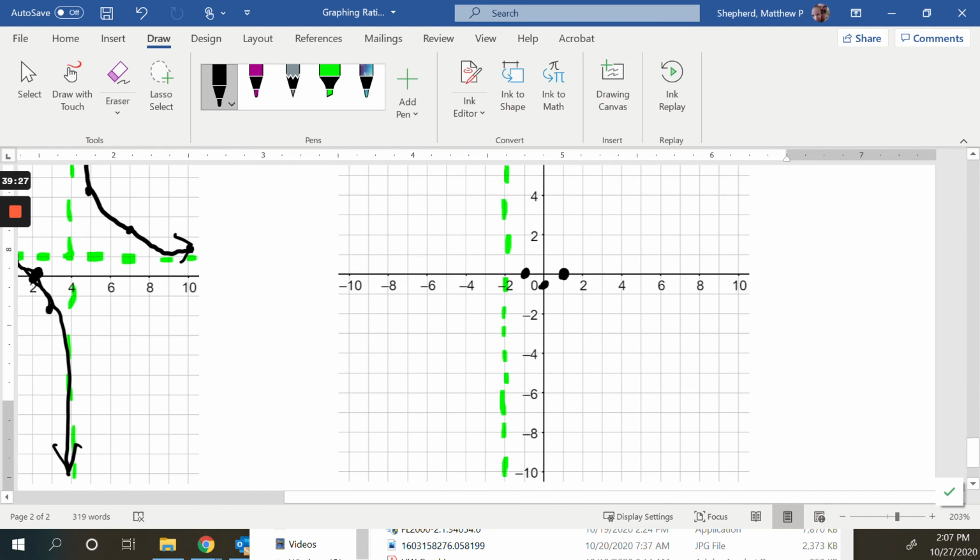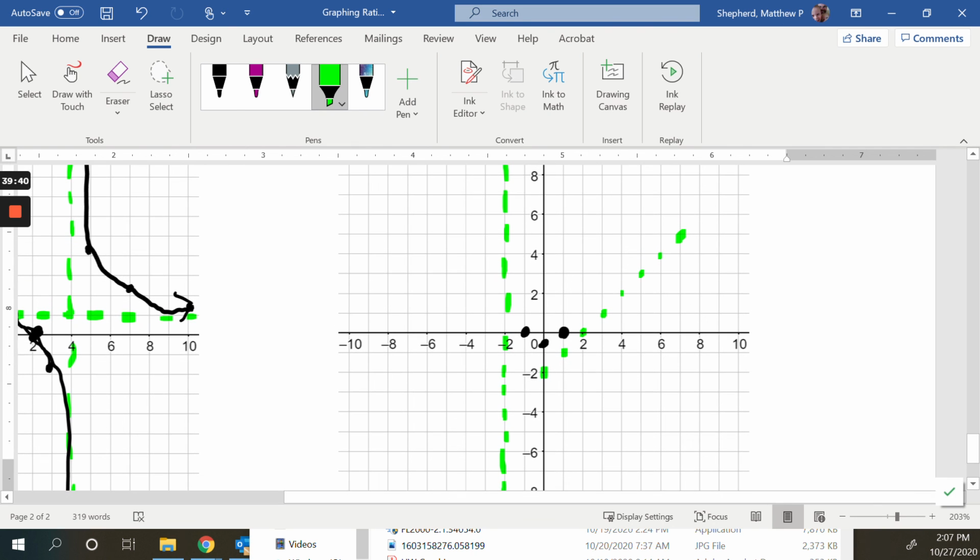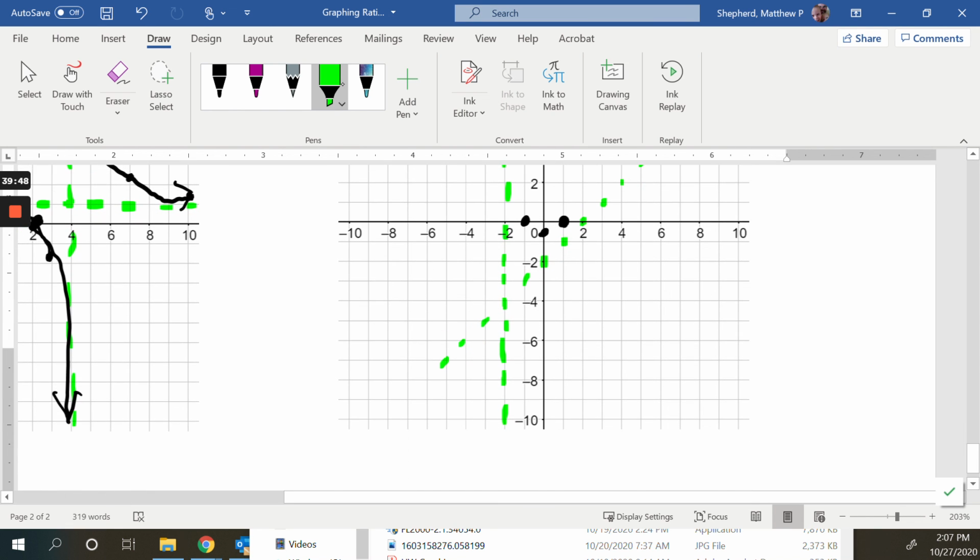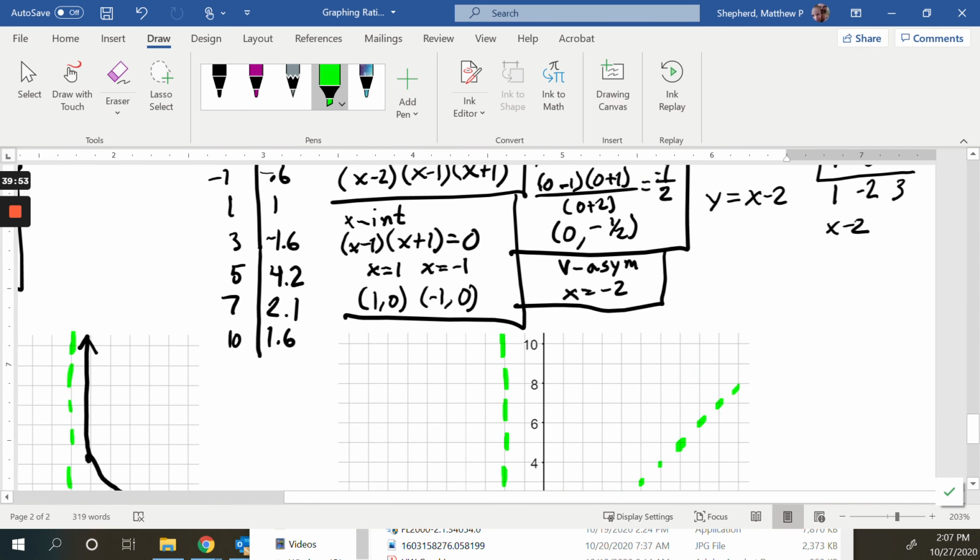We know the y-intercept of that would be at negative 2, and then it goes up 1, forward 1, up 1, forward 1. All right, so this right here is my slant asymptote. It's just graphing the line y is equal to x minus 2.